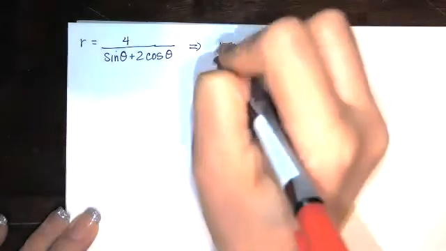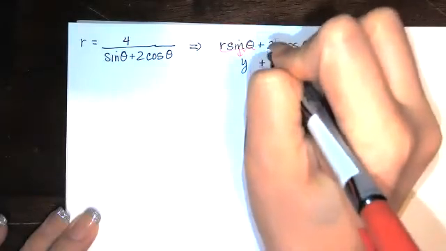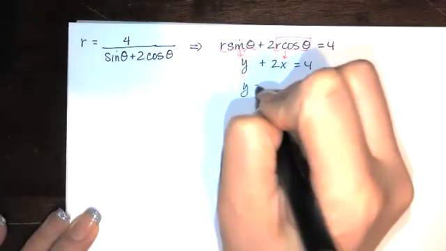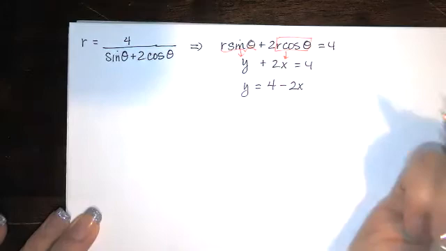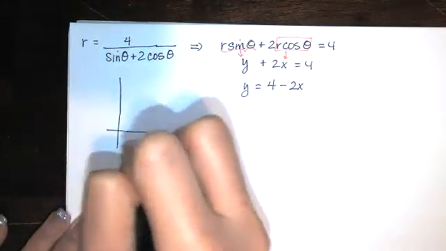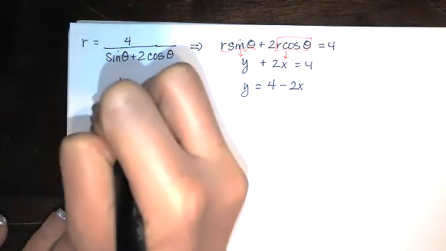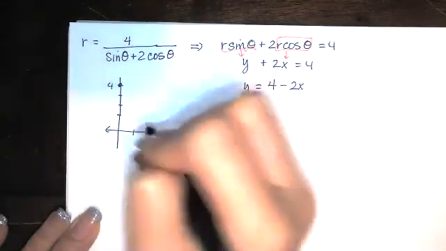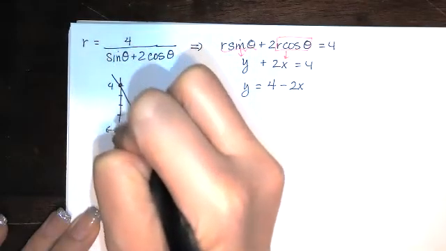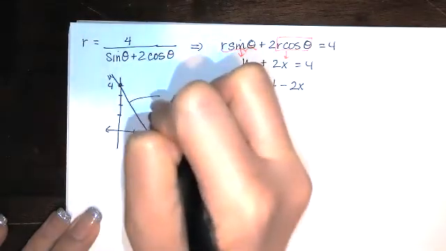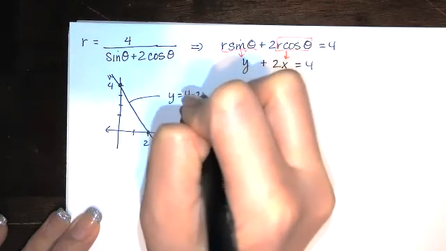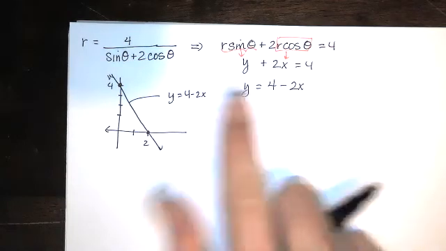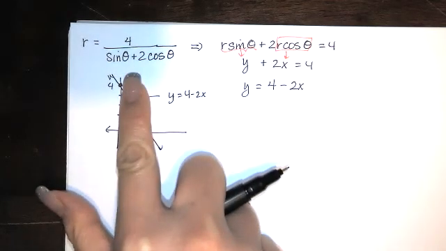Because remember, y is r sine of theta, x is r cosine of theta. So this is just the line y equals 4 minus 2x. When x is 0, y is 4. When x is 2, y is 0. Wouldn't you rather describe that one in rectangular coordinates? It's just a line rather than polar coordinates?